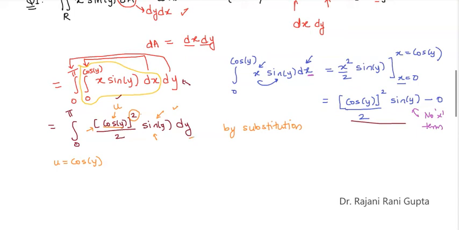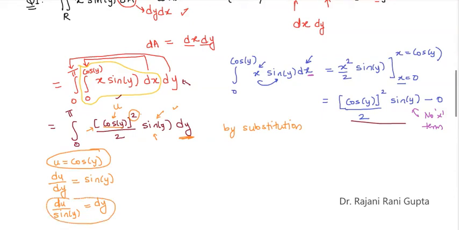Now, since we are integrating with respect to y, differentiate with respect to y. We have to follow the same concept as we do for variable x. So the derivative of cos of y is minus sine of y. Now we want the value of dy, which will be du over sine of y. Now substitute the value of u and dy in the given integral.